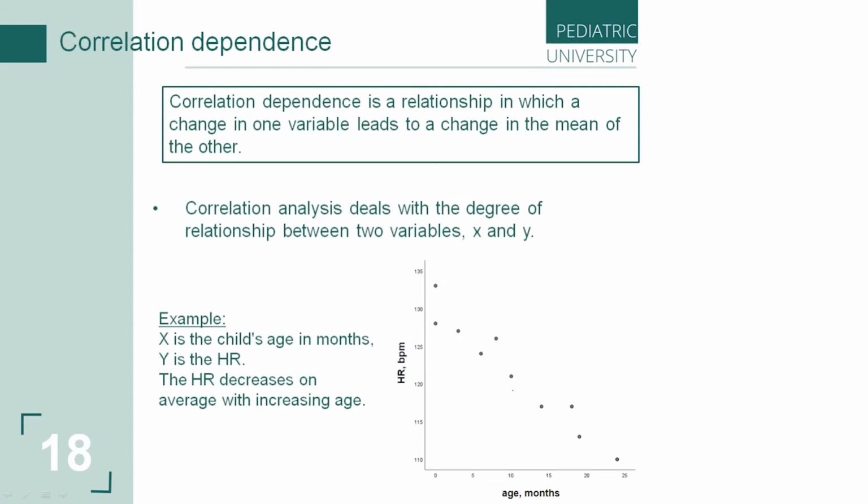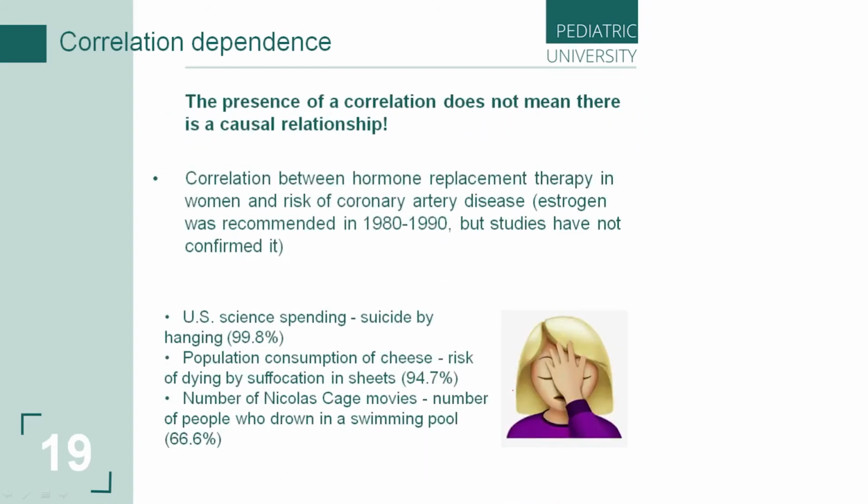It's very important to understand that having a correlation does not mean causation. For example, a correlation was previously found between taking hormone replacement therapy in women and the risk of coronary artery disease. After that study, it was recommended for a long time that women should take estrogen to reduce their risk of coronary artery disease.